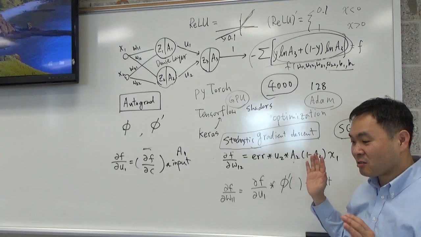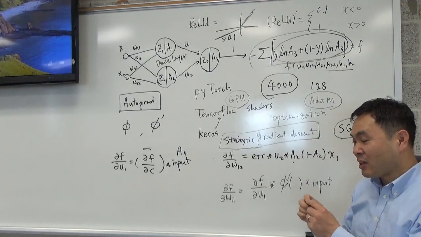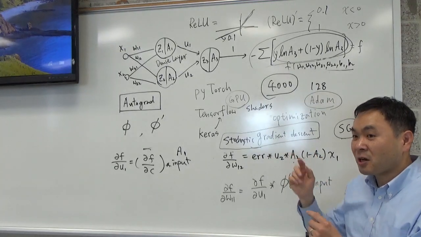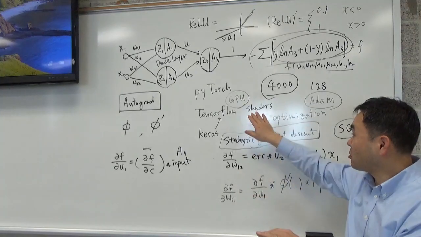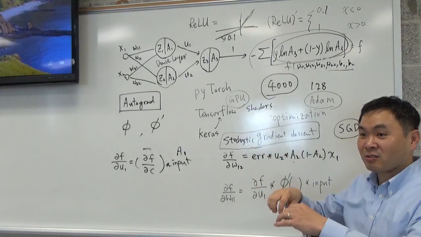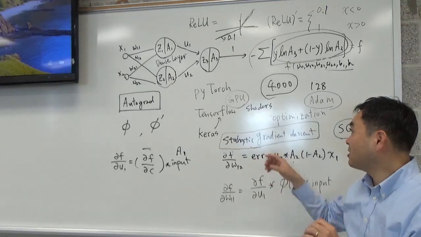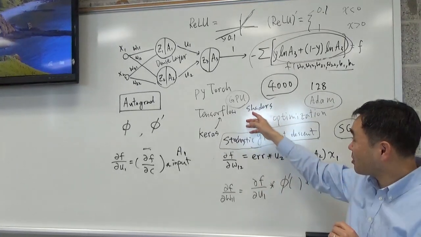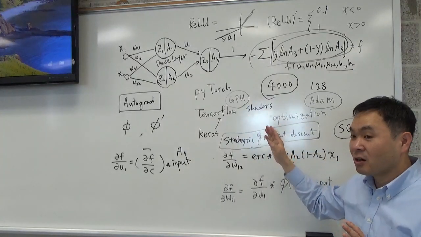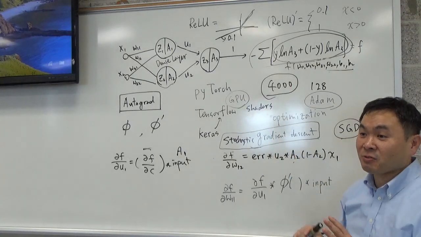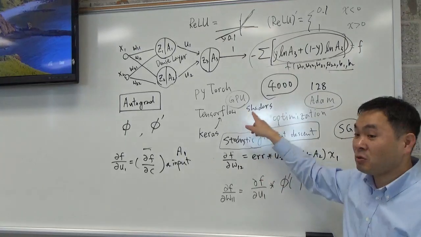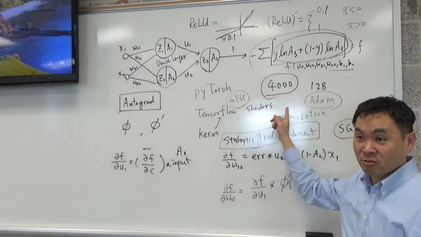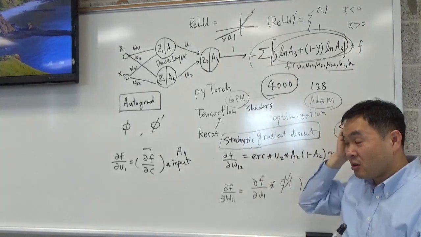So if the main guy in the shader says multiply, then everyone that belongs to this shader has to multiply. Everyone does addition. And the commands are very limited. The CPUs have many different instruction sets. GPUs have very simple instruction sets, so they're very simple.